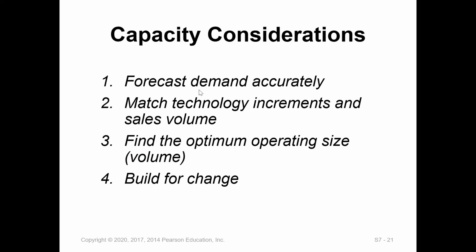Capacity considers forecast demand. If you have more demand, for example, next year, that means you probably need new people, new machines, okay? Find the optimum operating size, build for change, and then based on that, you make the changes.